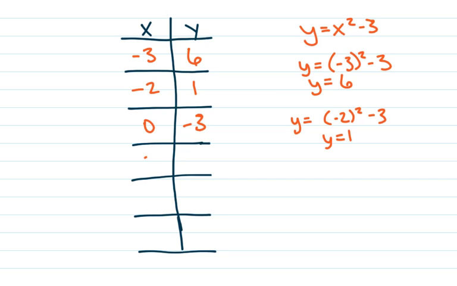If you plug in 2, you're going to get 1. If you plug in 3, you're going to get 6, and you kind of go from there. I recommend with nonlinear functions 5 or 6 points minimum. The more points you take the time to do, the more accurate it's going to be.